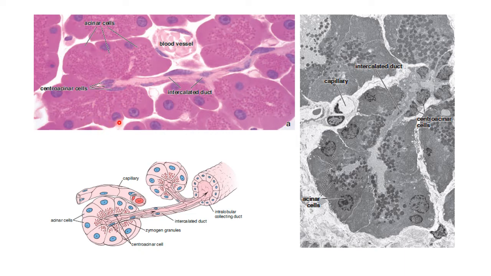We have a rounded, basally located nucleus, and we have cytoplasmic basophilia in the lower part of the cell from the abundant rough endoplasmic reticulum, and we have numerous eosinophilic zymogen granules in the apex of the cell.